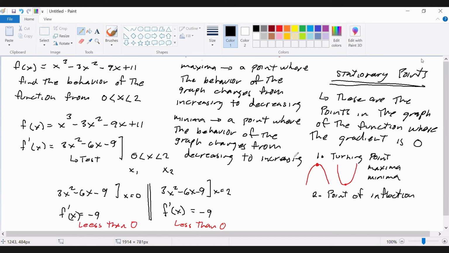So that's easy to understand. Maxima and minima are easy to understand.